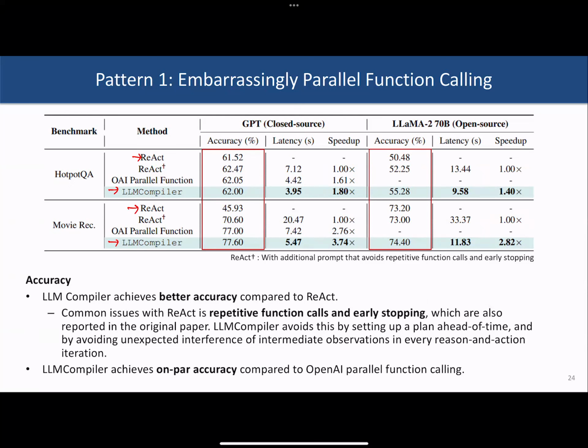This can be handled by adding additional prompts for React, but still, this is not a 100% solution. So we are seeing on par or even better accuracy, even compared to optimized React. And compared with parallel function calling, LLMCompiler also has on par accuracy.